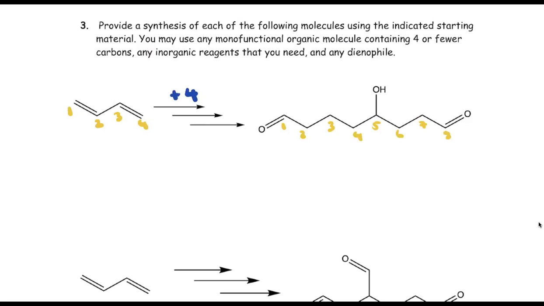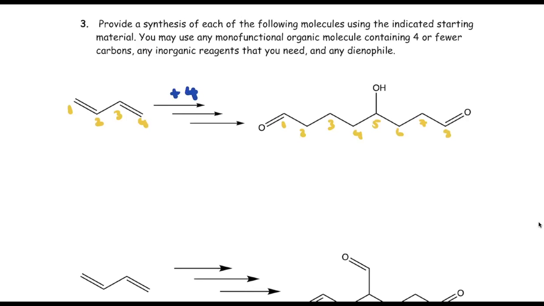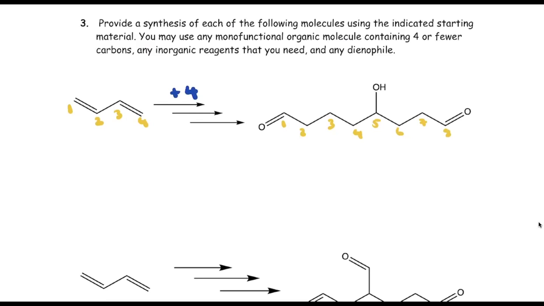Well, notice that we had a way to add 4 carbons earlier, and that was through our thermodynamic Br2 addition followed by acetylide. So I'm going to start off by doing Br2 and heat, 1 equivalent, so I don't forget this time.